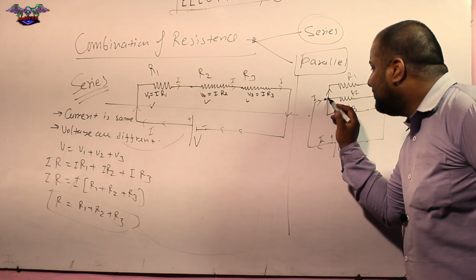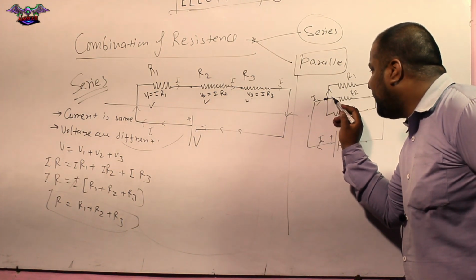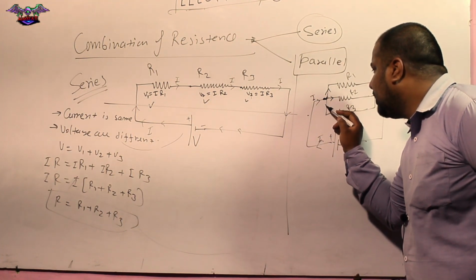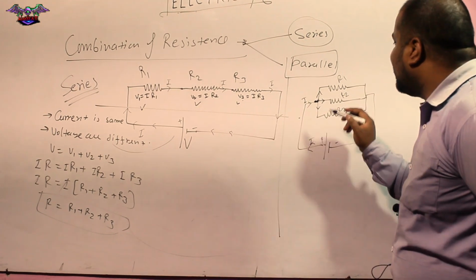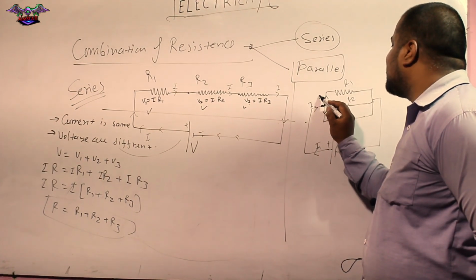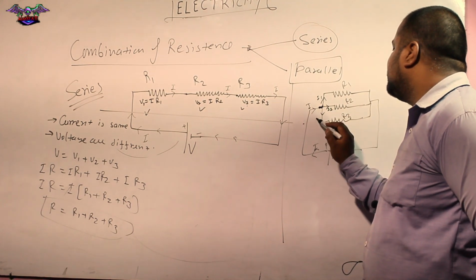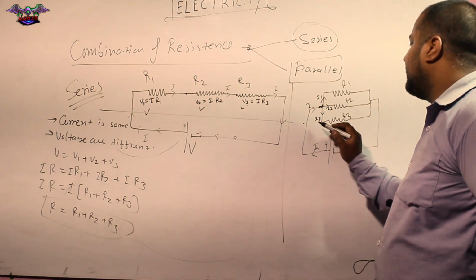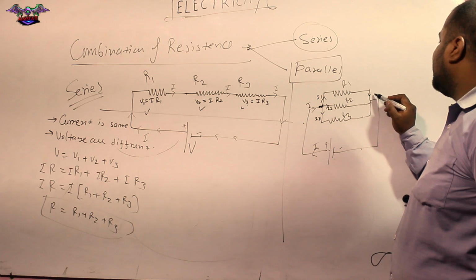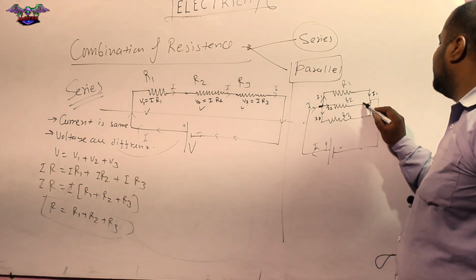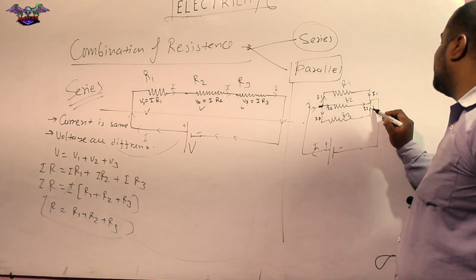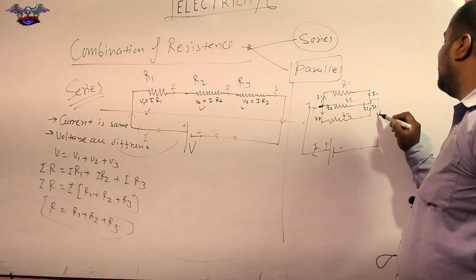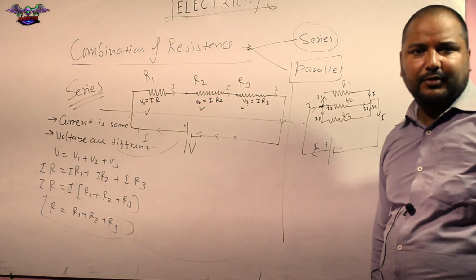But from this node, current has three paths: 1, 2, and 3. So current will divide into three parts: I1, I2, and I3. At this point they will combine, and the total current will flow.